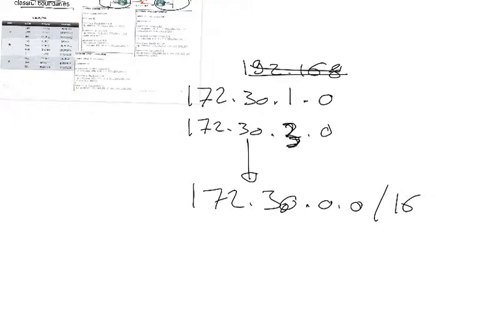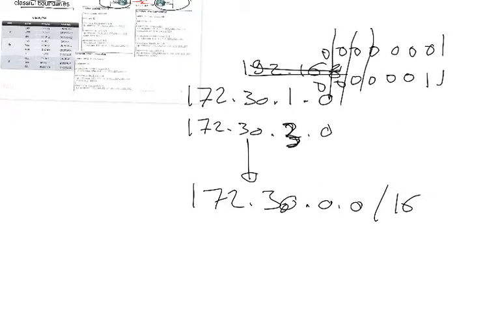Those two networks, one here is 1, 0, 0, 0, 0, 0, 0, 0, and the other is 1, 1, 0, 0, 0, 0, 0, 0. If you are not restricted with the classful boundaries, then you can use /17, /18, /19, /20, /21, /22, because all these parts are common. /23 does not work.